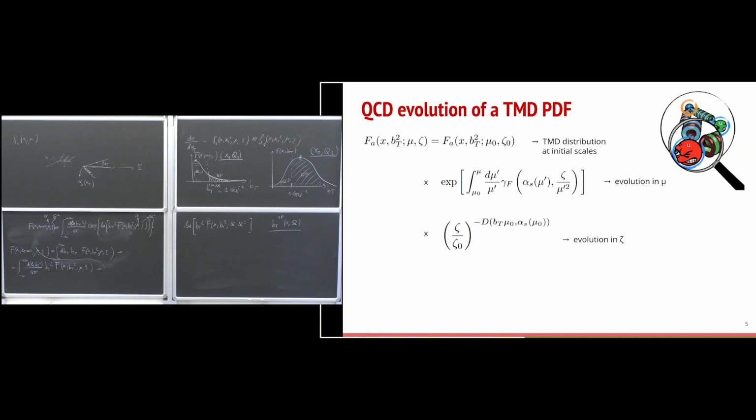So let's see. You have the log of bT squared and the log of this function here. Exactly. And then the function F is also the product of three factors, right? So eventually you will have the sum of a few logs.